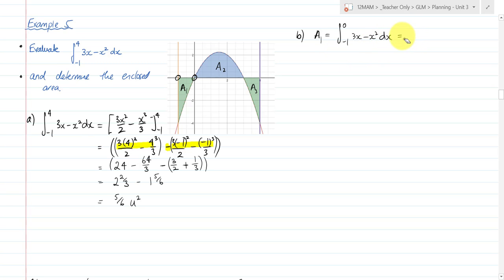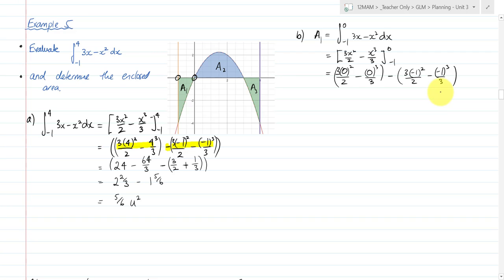And this will be, I'll do it running down, 3x squared over 2 minus x cubed over 3 between 0 and negative 1. And again, we can substitute those values and then do the calculations on a calculator. So it becomes 3 times 0 squared over 2 minus 0 cubed over 3, brackets around that, and we subtract from that 3 times negative 1 squared over 2 minus negative 1 cubed over 3.